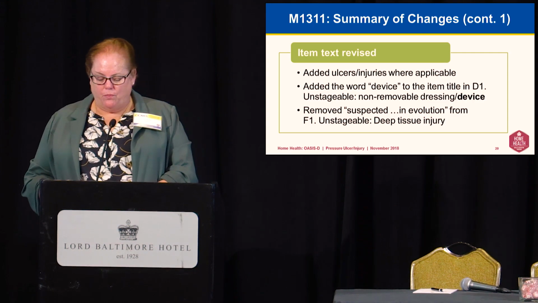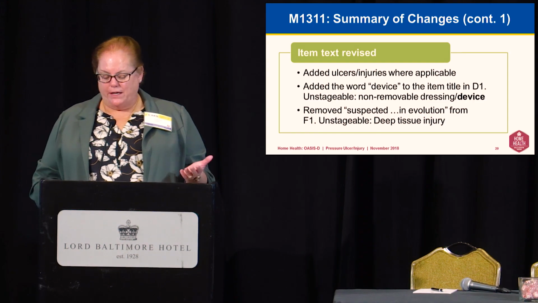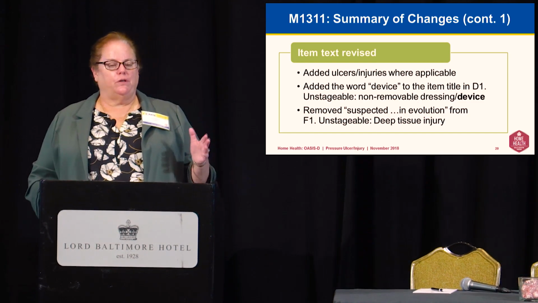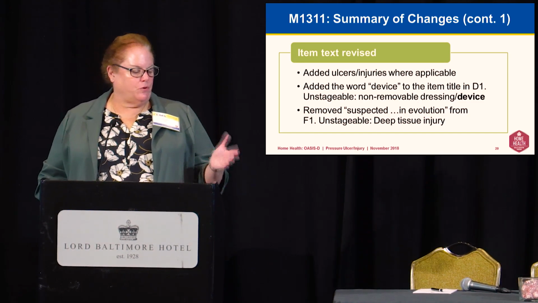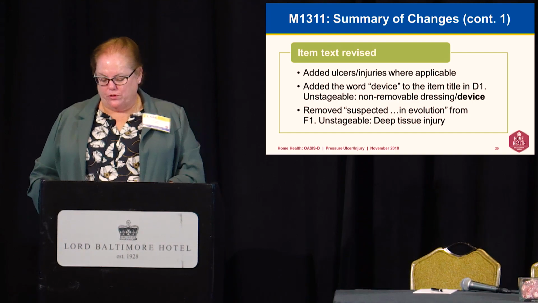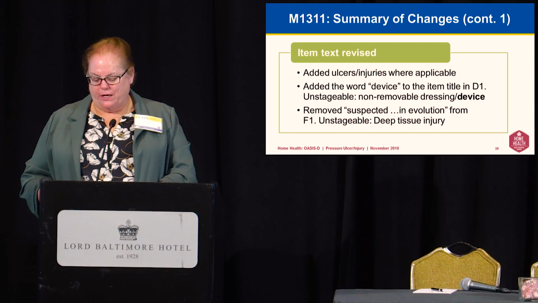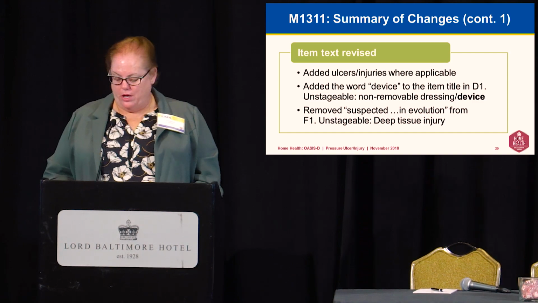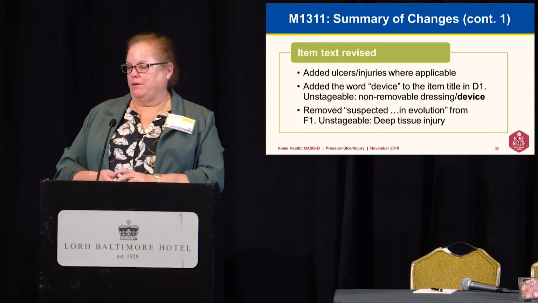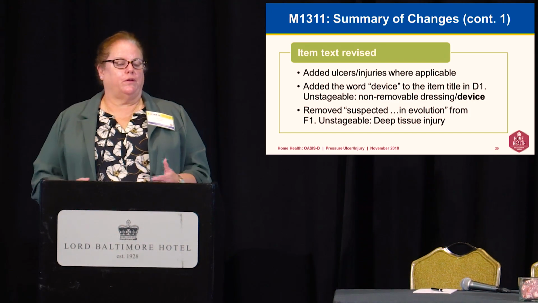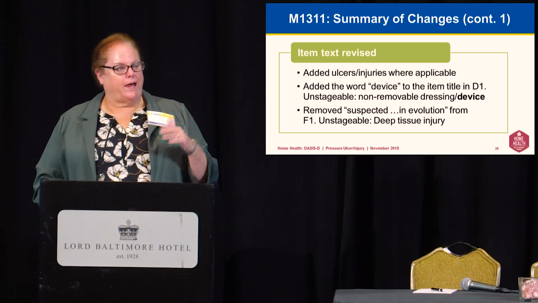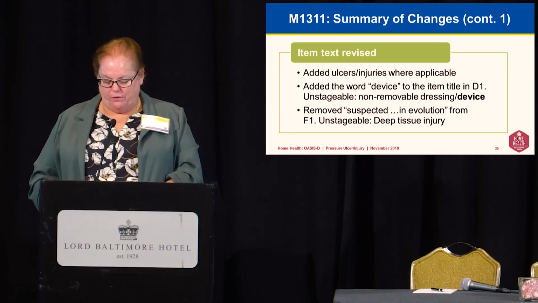So there was added text. You'll see that it used to be just pressure ulcer. Now you see pressure ulcer / injury where applicable. We added the word device to the item titled in D1, unstageable, non-removable dressing / devices, because often, it's not always a dressing, there could be a cast or other things on there that we can't remove.